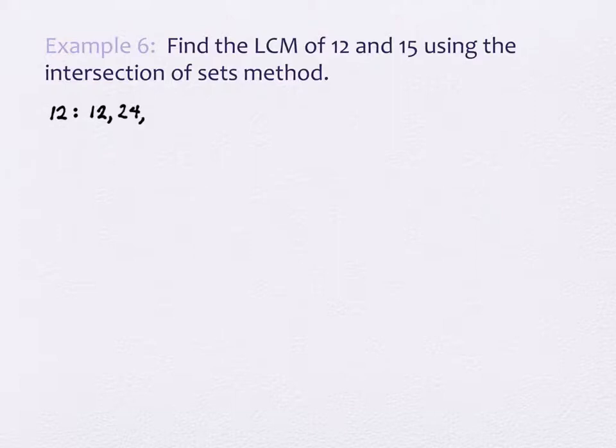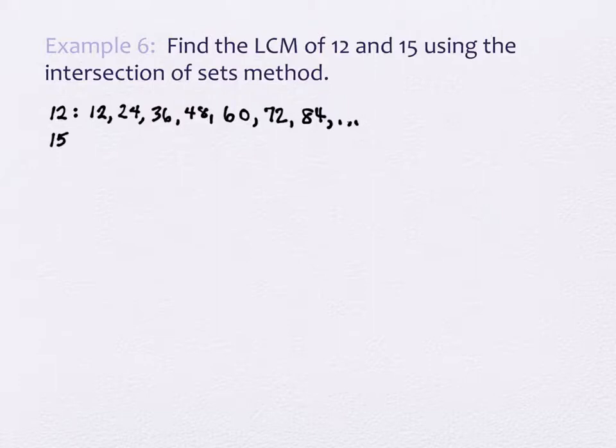What would be next? 36, and then 48, 60. Let's go for a couple more. 72, 84, and hopefully you're recognizing, right, that this is an arithmetic sequence. You're adding 12 each time, so it goes back to some of the other things we've talked about in class.